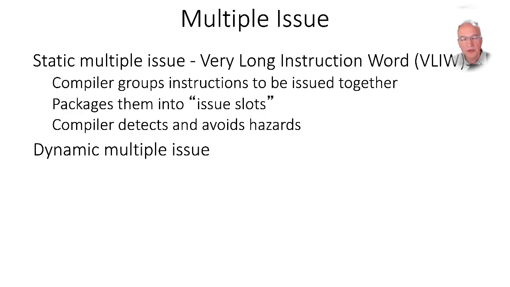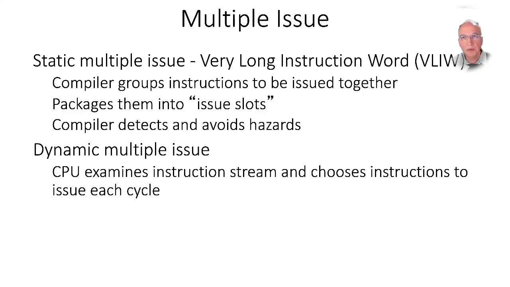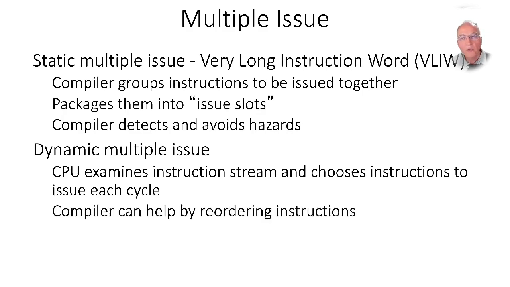Another type of multiple issue is dynamic multiple issue. In dynamic multiple issue, the CPU will examine the instruction stream and will choose instructions that can be issued in each cycle. So the data dependencies, control dependencies, all that is computed by the processor at execution time. The compiler can help by reordering the instructions and creating more opportunities for the CPU to extract more instruction level parallelism.